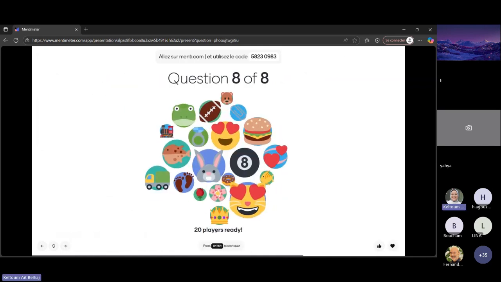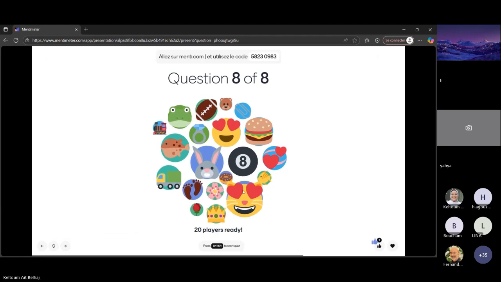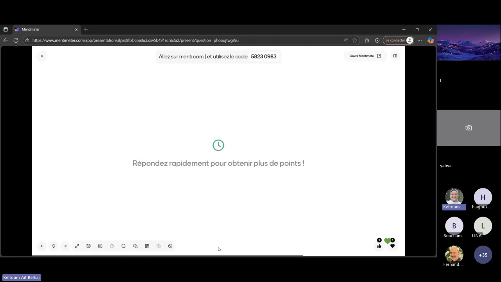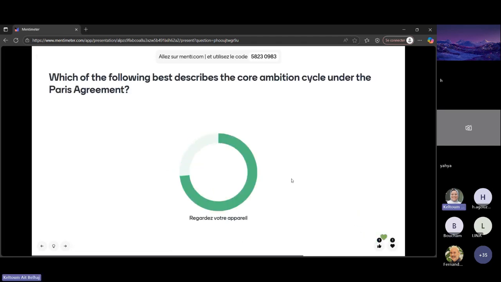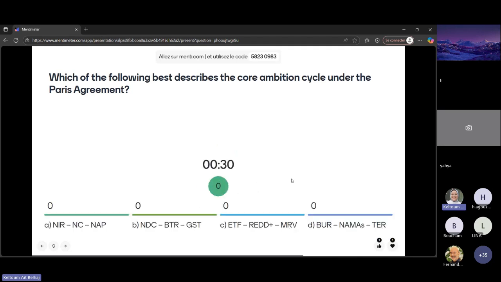Okay, the final question, question number 8. Which of the following best describes the core ambition cycle under the Paris Agreement? We are talking about the ambition cycle that we presented in the first slides.